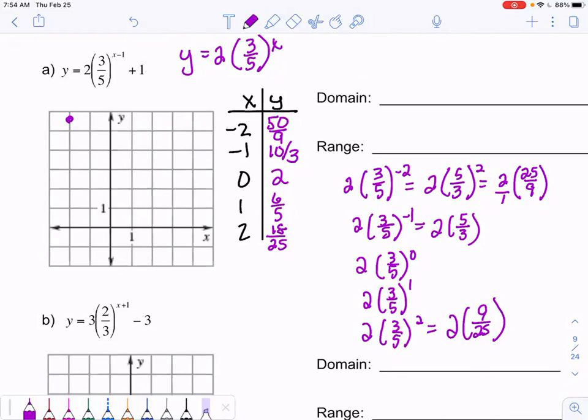Well, 9 divided by 3 is 3, so 10/3 must be a little more. Actually, 3 1/3. At 0, we have 2. 6/5 is a little more than... What is 6/5? A little more than 1.